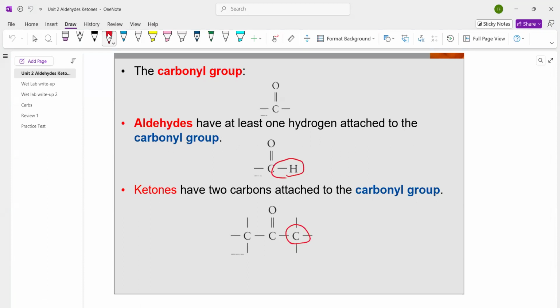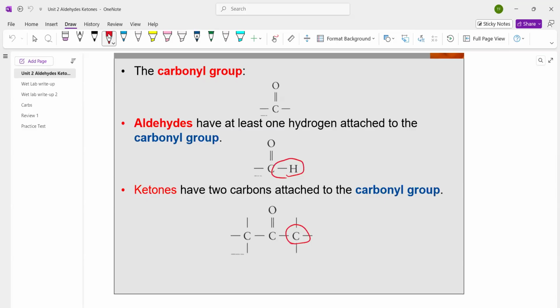Now, the tricky part of unit two is there's two bundles of reactions. And the second bundle is the trickier of the two, which is the main chemistry, by the way, of carbohydrates.